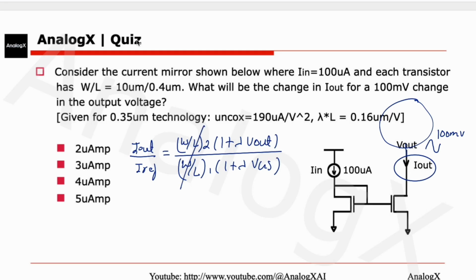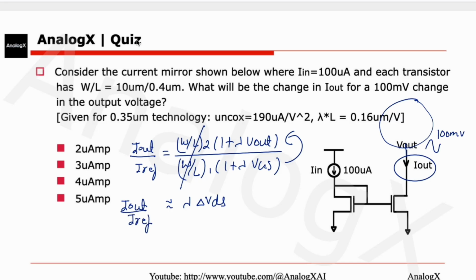So this will cancel out, and for a technology, lambda is fixed. If you send this to the numerator and solve, it will come as lambda delta VDS. So this is our I output by I reference.